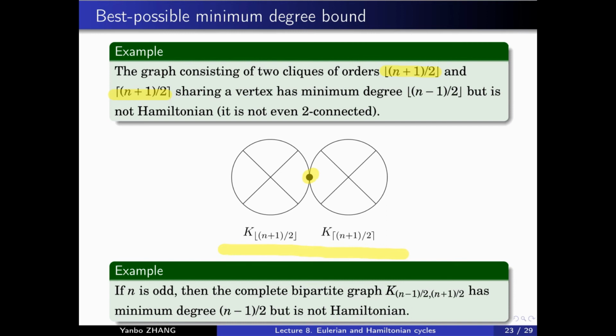The second example is a complete bipartite graph.